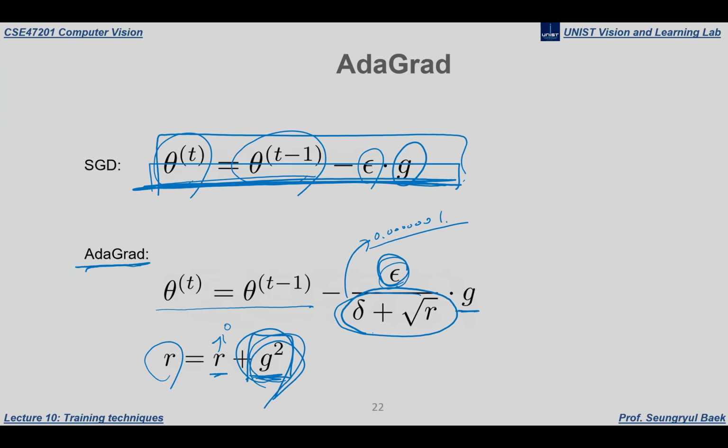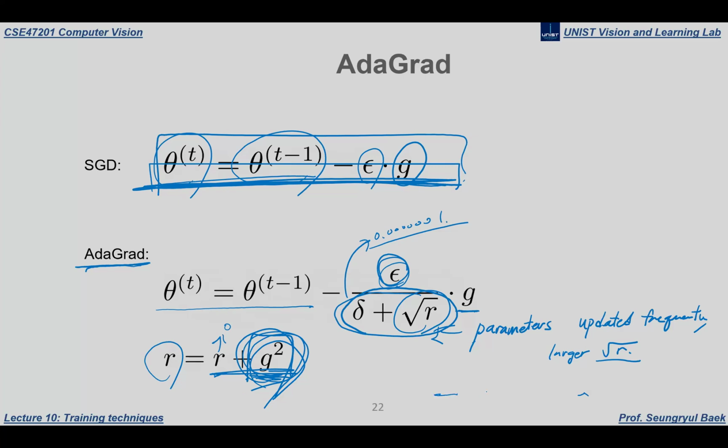So if some parameters are updated frequently, they have a larger R, a larger root R, because they accumulate the gradients enforced on them.